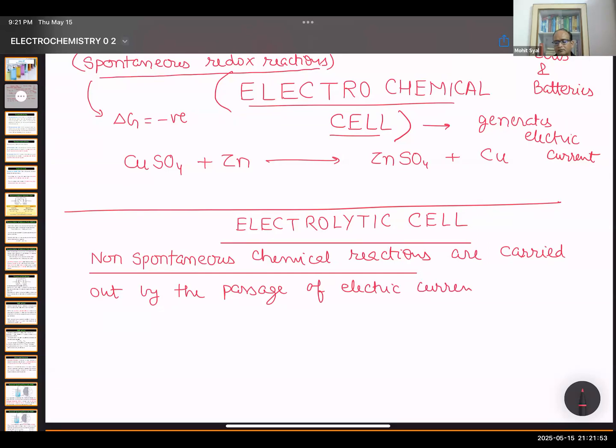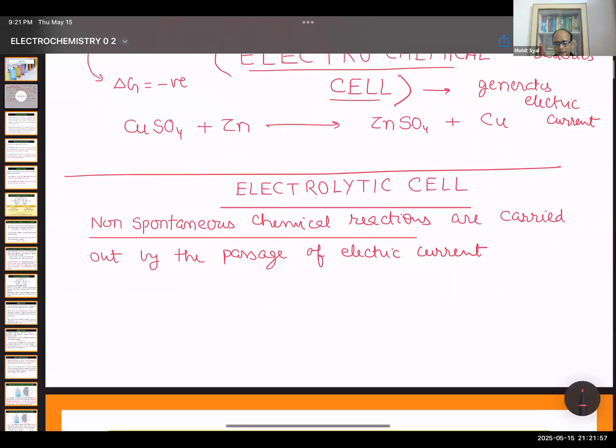And these electrolytic cells consume electrical energy, or they consume electricity. With the help of electricity, they are breaking down a compound.